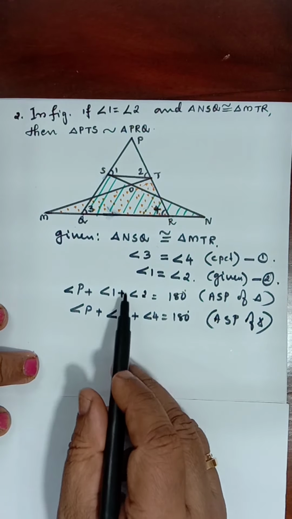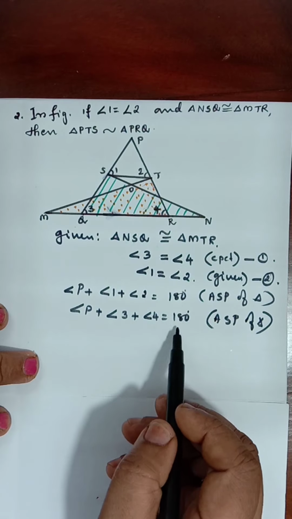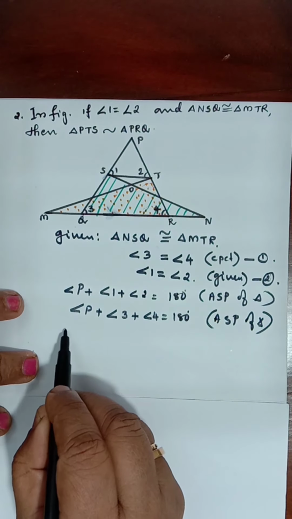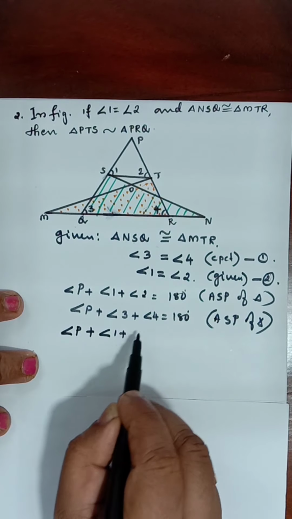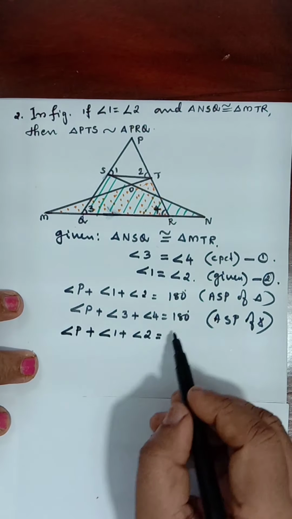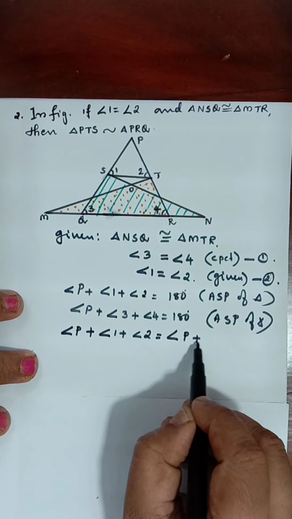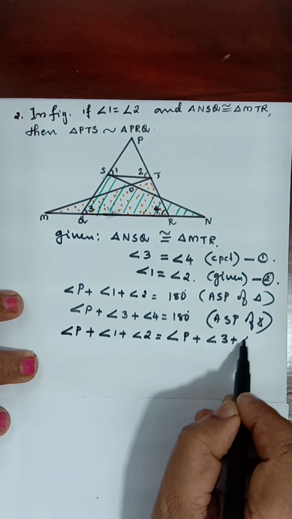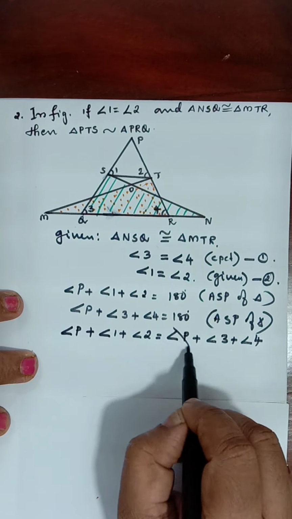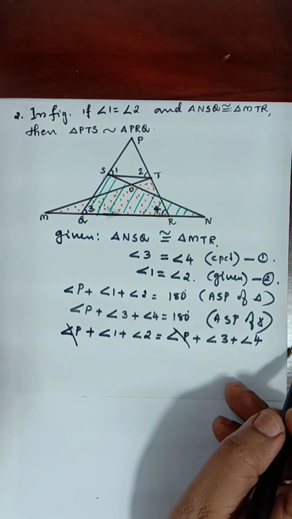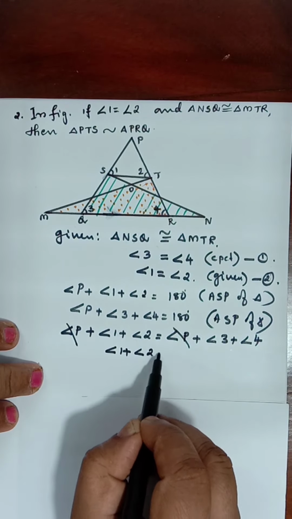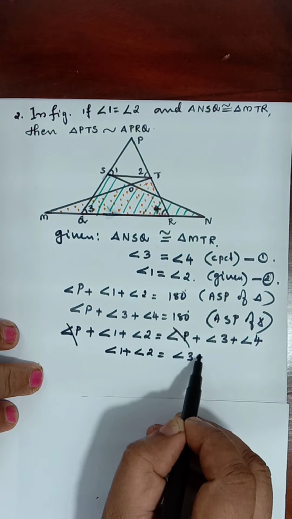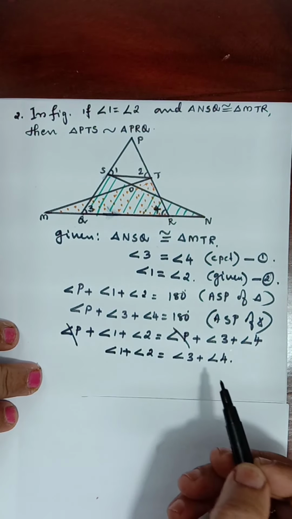Now when we compare these two, we can say that these two are equal. Right side equal, therefore even left side also equal. So we will write it as they are equal. On both the sides we have angle P. So here we have seen angle 1 plus angle 2 is equal to angle 3 plus angle 4.